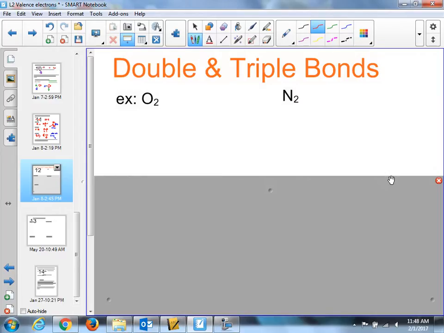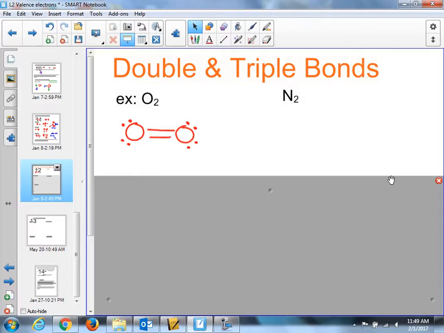So, I'm thinking this oxygen can solve its own problem. If this oxygen and this oxygen each want to bond twice, why don't they bond to each other? That's a double bond. How many pairs of electrons are left on each oxygen then? There's still the double. So 2 here, 2 here.